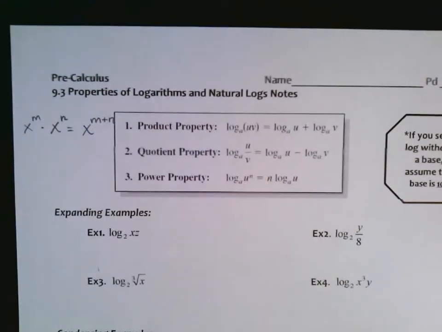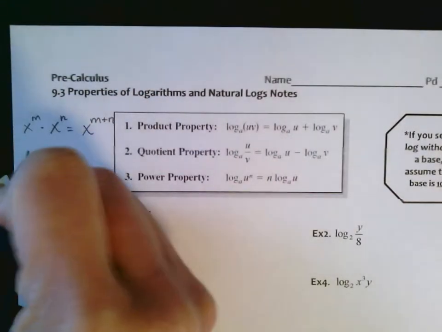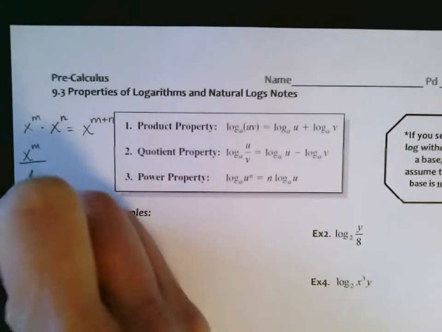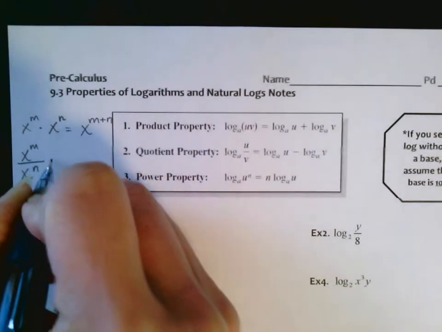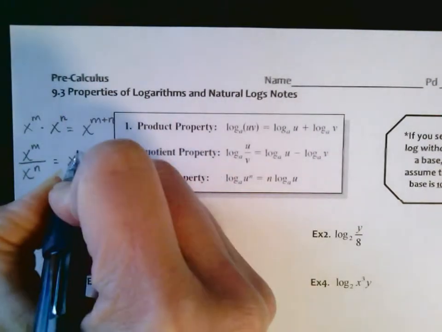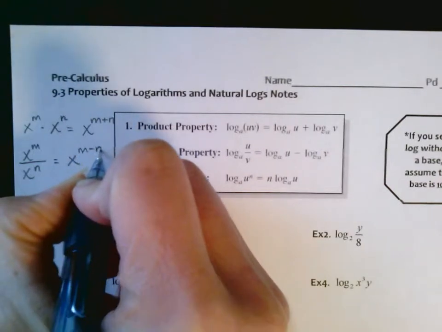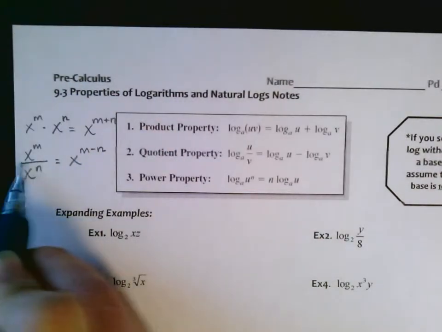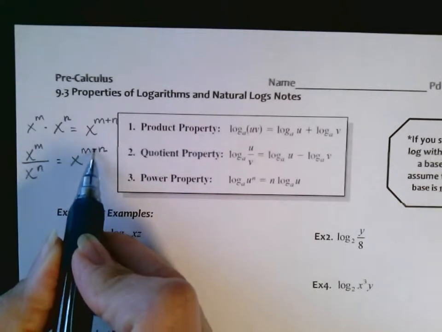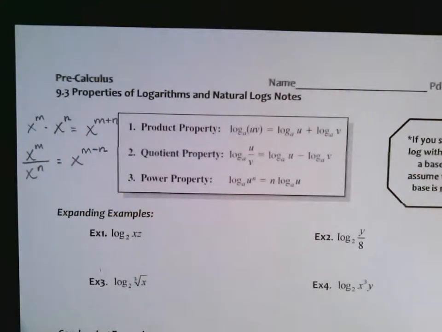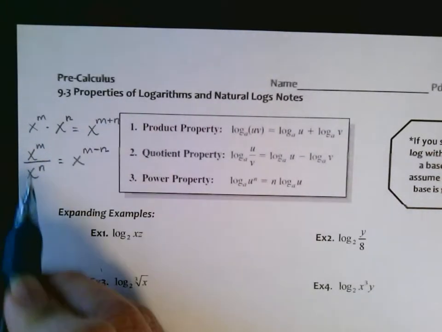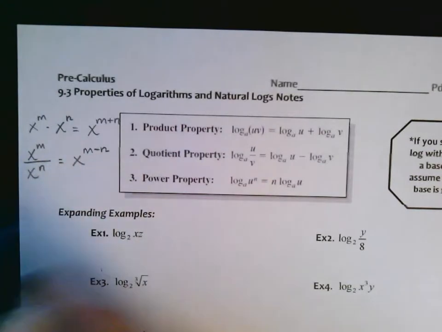In the same manner, if you were dividing those two terms, you would write the base one time and instead now subtract exponents. I always tell students, think of the division symbol as a big subtraction sign, and you will transfer it over. So multiplication implies the addition of exponents, division implies the subtraction of exponents.